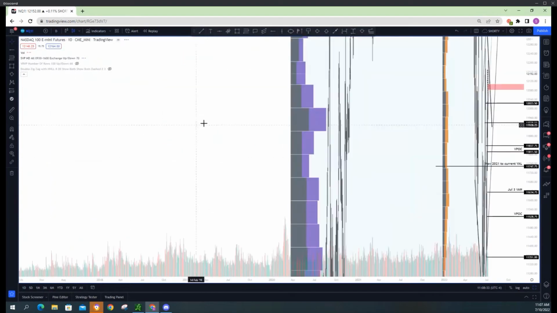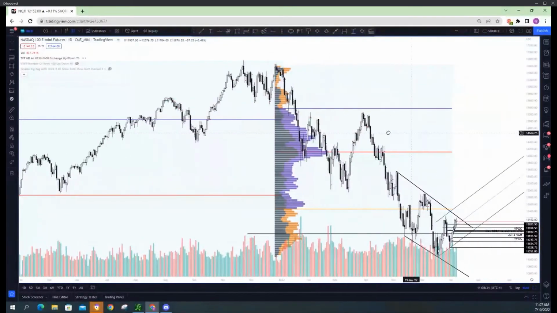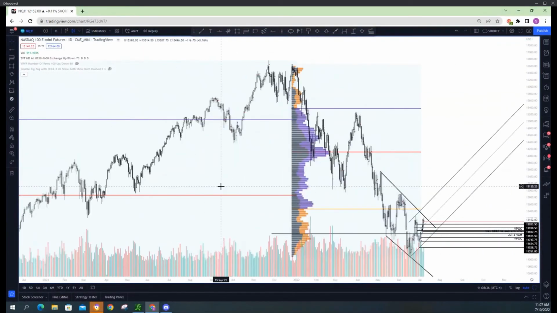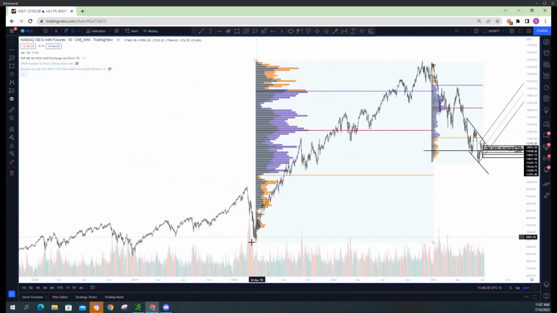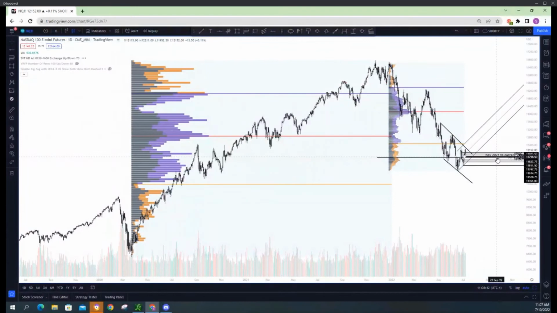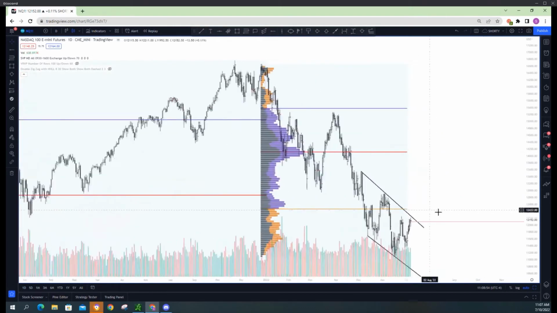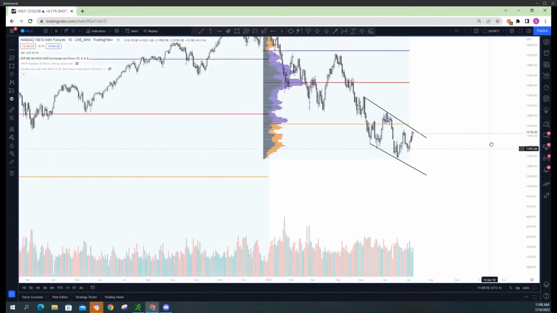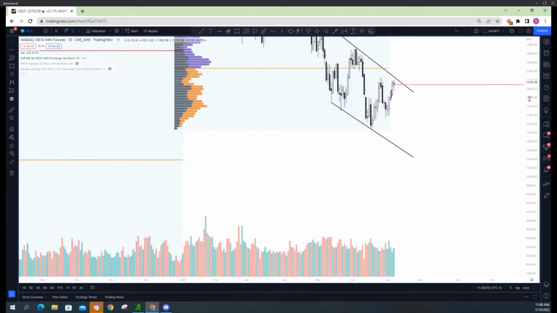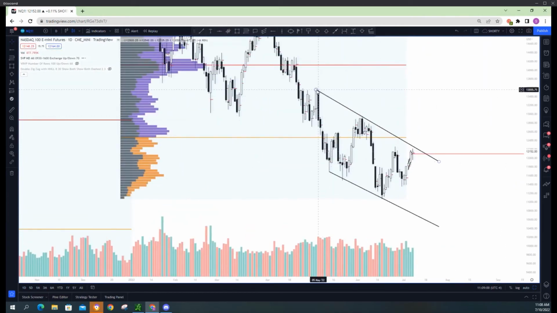on other time frames. So here's your NQ, same run here that we had from here to here. I don't want to delete these. Maybe I should delete these. Okay, so we have a nice little channel.